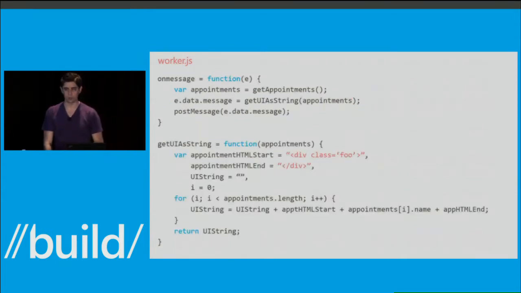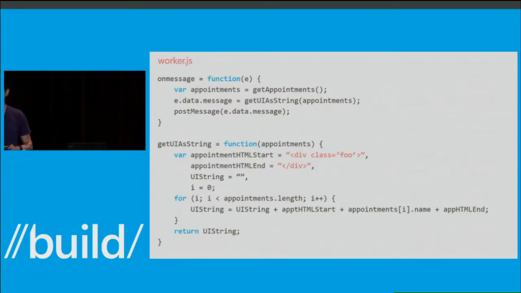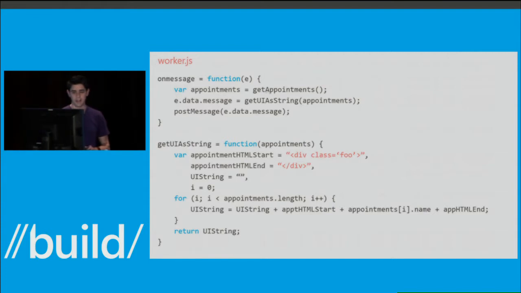Then in the worker, what do we do? You'll notice right up here, I get my appointments, so this could be my data source function. I don't have it here, where I go get a bunch of appointments. And then I call getUIString, and I pass in that data. What we've already done, again, this is very simplified, was we just created actual HTML strings.